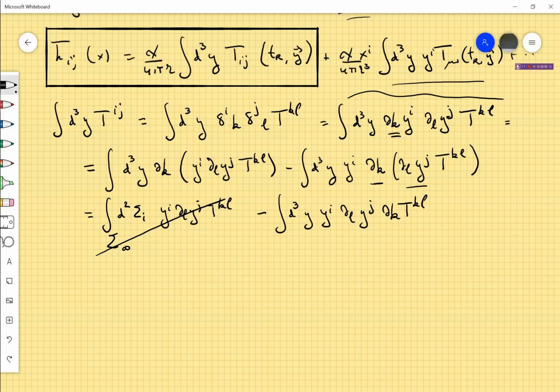Okay, and we already have something that is clearly related to the conservation of the energy momentum tensor.